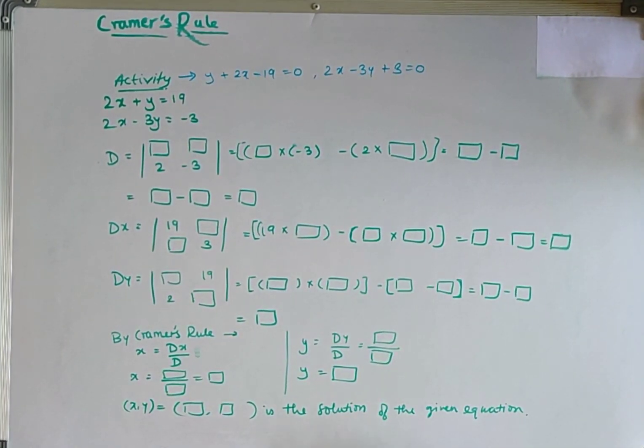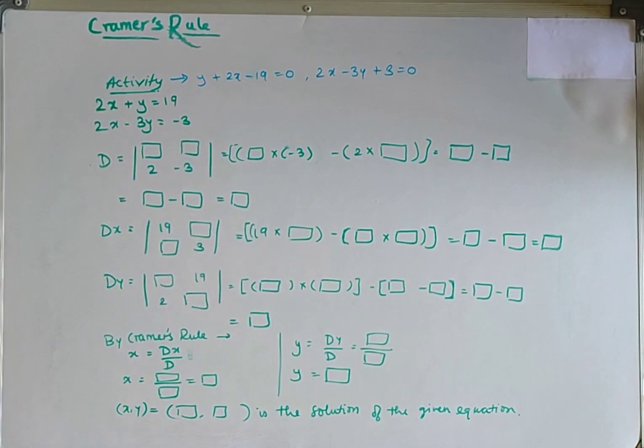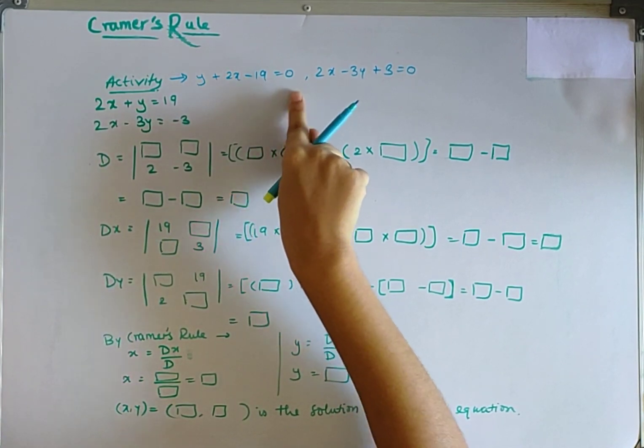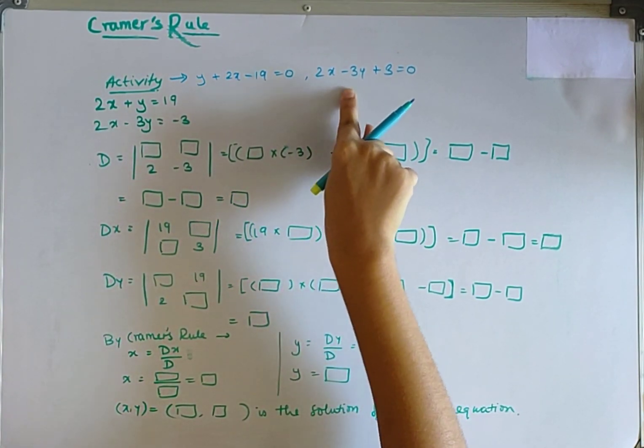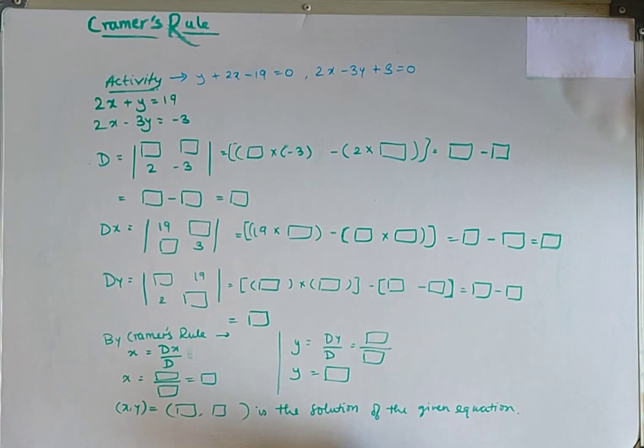Okay, so now let's move forward to do the activity which is given on your textbook page 14. So what does the activity say? Y plus 2x minus 19 is equal to 0 and 2x minus 3y plus 3 is equal to 0. Now, as I've told you, the first step was bringing the equation in the form of ax plus by is equal to c.